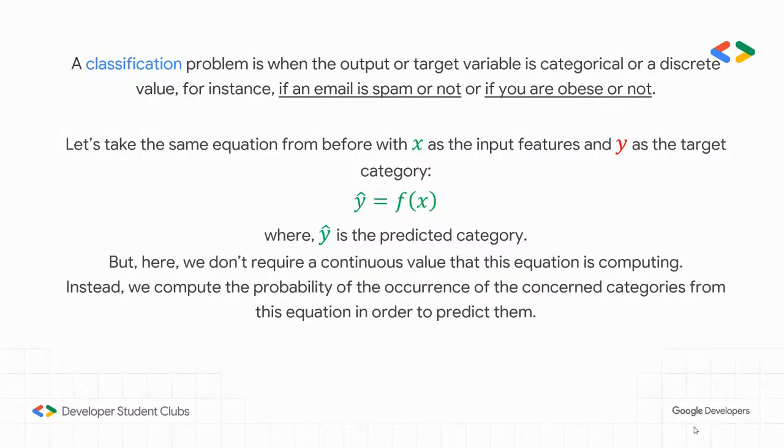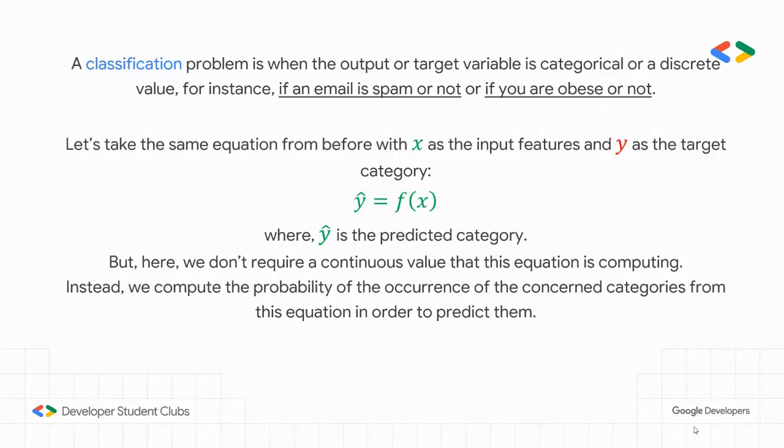Since it's a supervised problem, we'll have the same equation as previous. Y hat equals f of x, where f will be a function. Now it will depend on the various algorithms what this function will be. In our previous case of linear regression, we had a linear function.